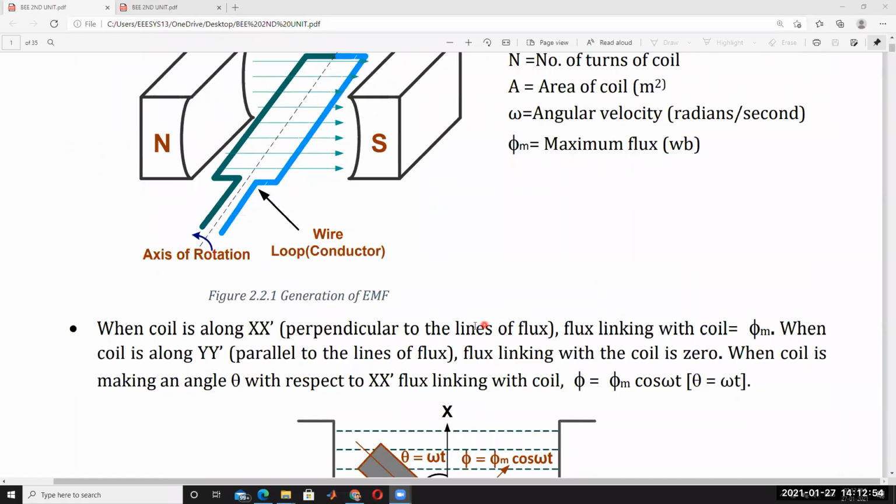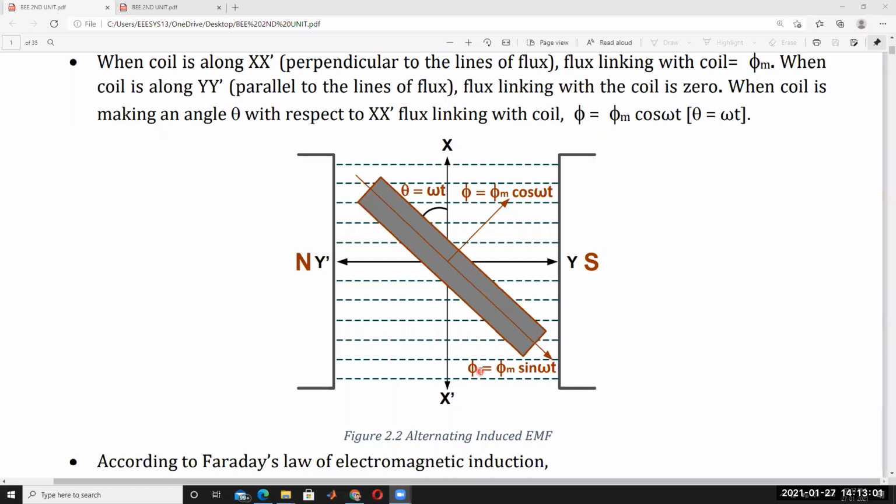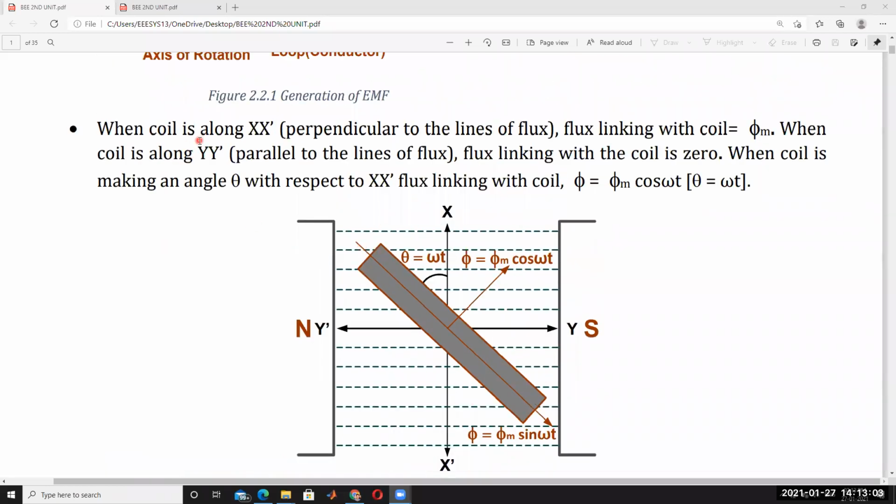Next, we represent the current carrying conductor coil like this. When the coil is along X dash, perpendicular to the lines of flux, the flux lines are north to south like this. The flux linking with the coil is phi m, that is, the maximum flux cuts the conductor.